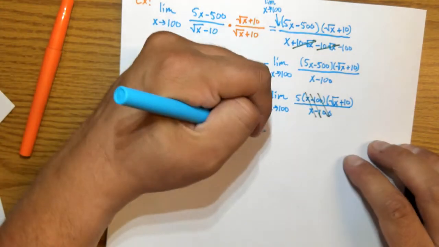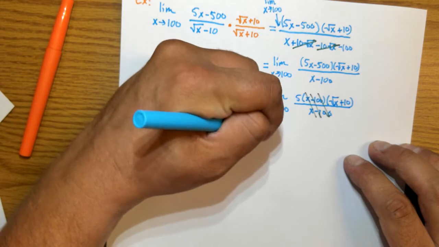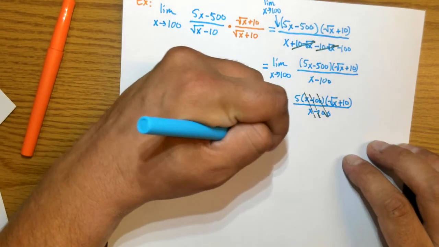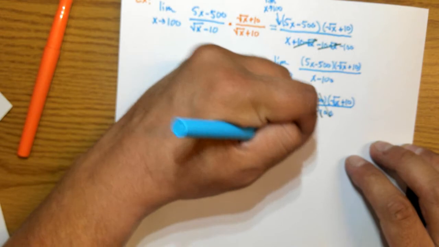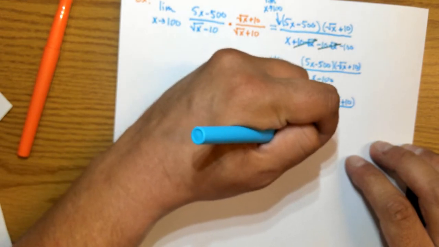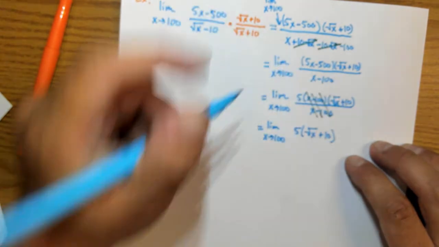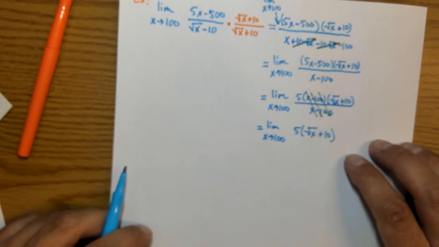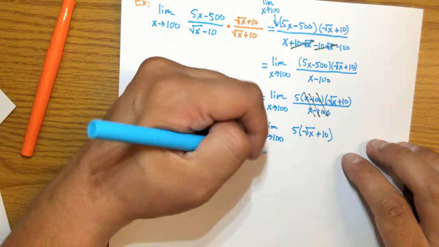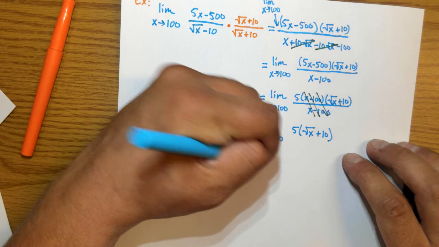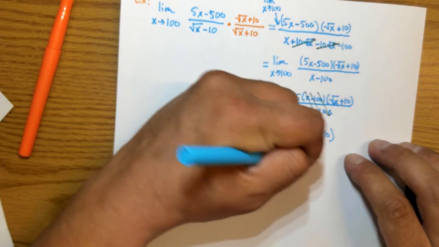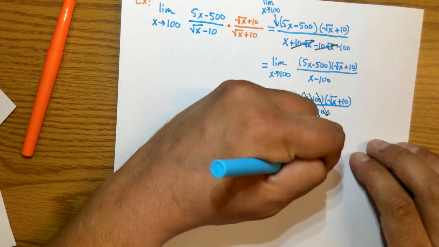And what we're left with is the limit as x approaches 100 of 5 times square root of x plus 10. And now we can just plug in the 100. So that equals 5 times the square root of 100 plus 10.